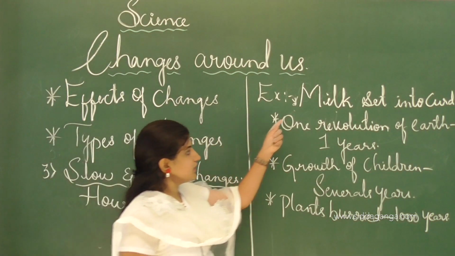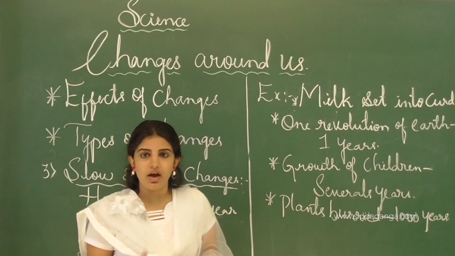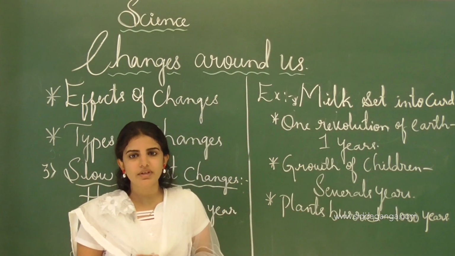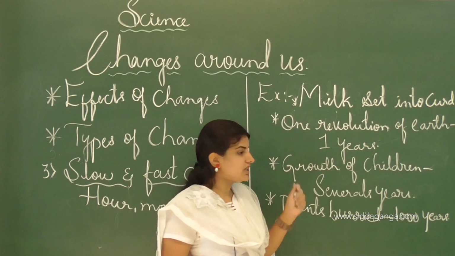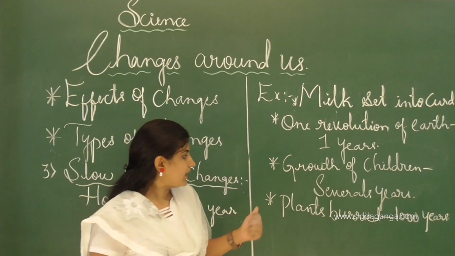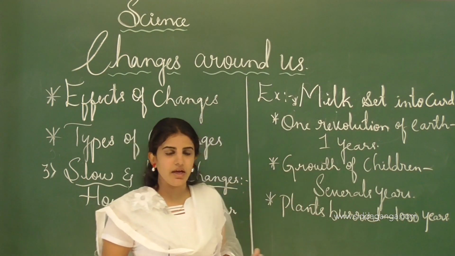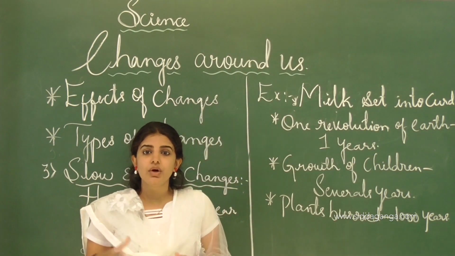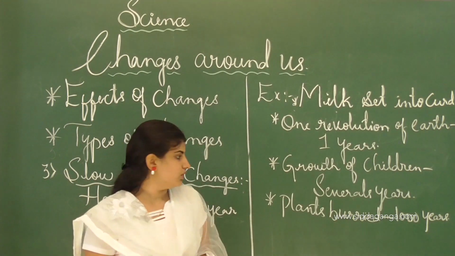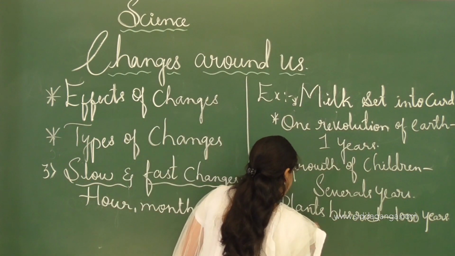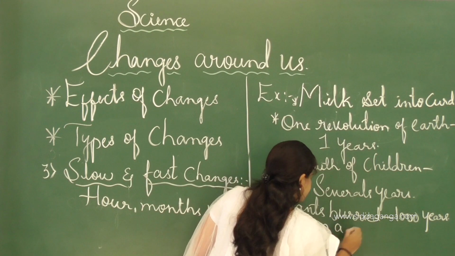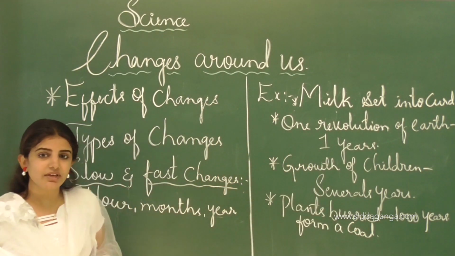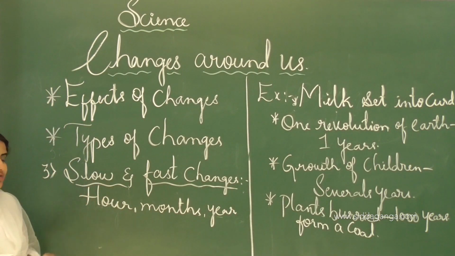Milk set into curd takes around 3 hours, one revolution of the earth around the sun takes 1 year, the growth of a child takes several years to become an adult, and plants buried in the soil take 1000 years to form coal. So these are all the changes which we have seen under the heading slow and fast changes.